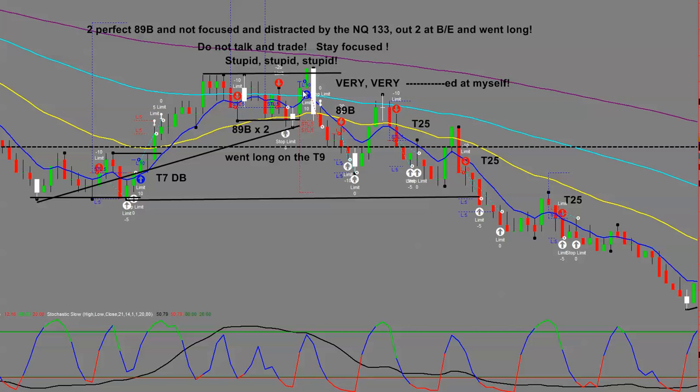Traders, look, stay focused. So I exited at break even on 20 contracts, went long on 10, stopped on that, cost me $750 plus the 2 trades that I would have been out on. We can see here it ticked up 1 tick above me here. I still would have been in with my 6 tick stop, and so I was very peeved at myself, very peeved.